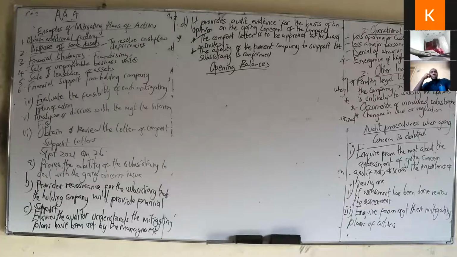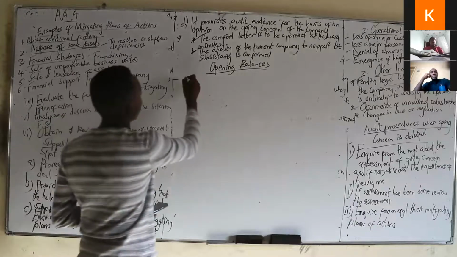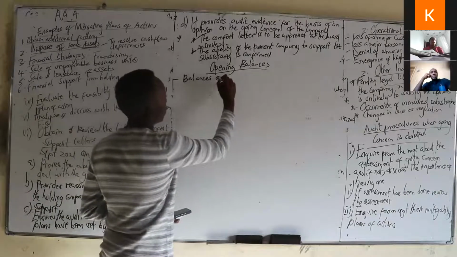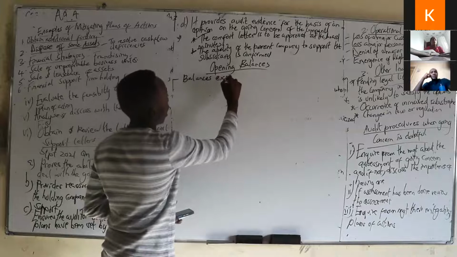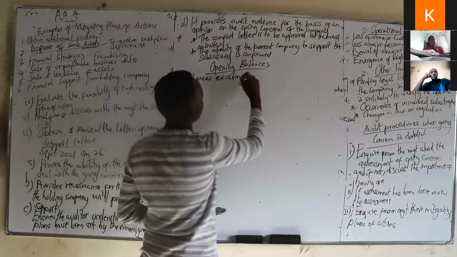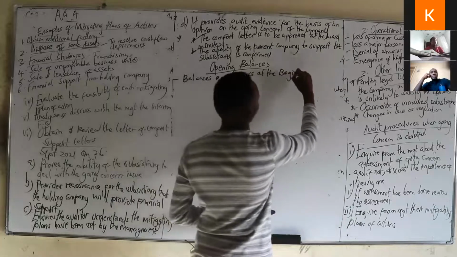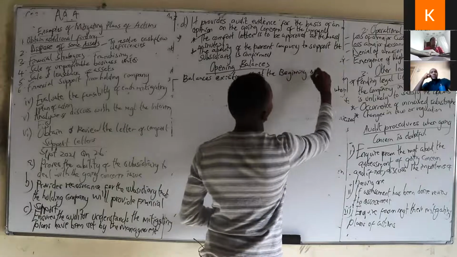For the opening balances, this means you review the opening balances of the accounting period that you're auditing, and it is mostly from the closing or ending balances. The auditor has a responsibility to this. The opening balances are the balances existing as at the beginning of the period.